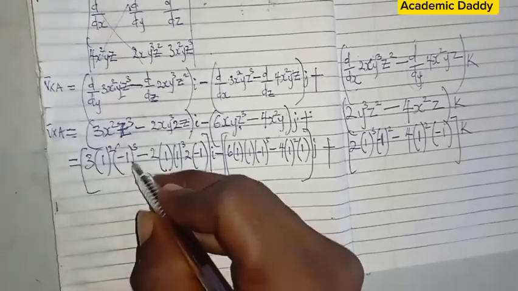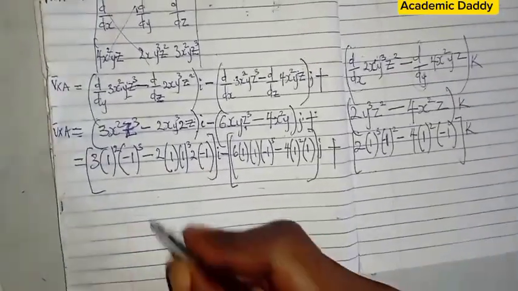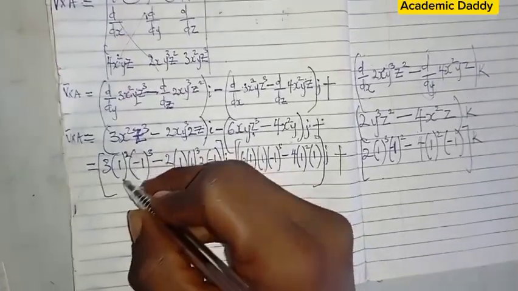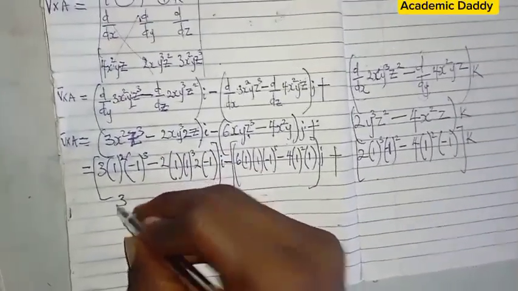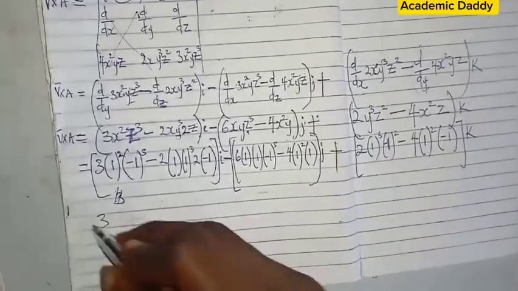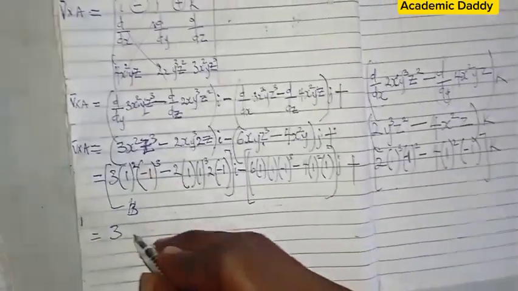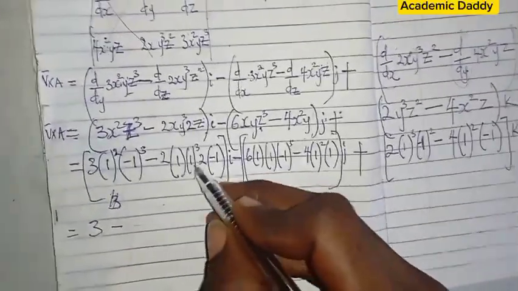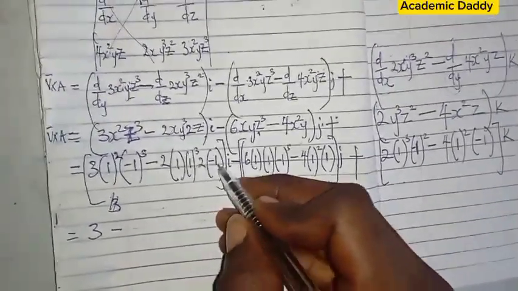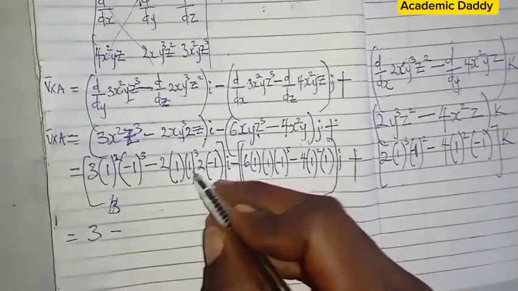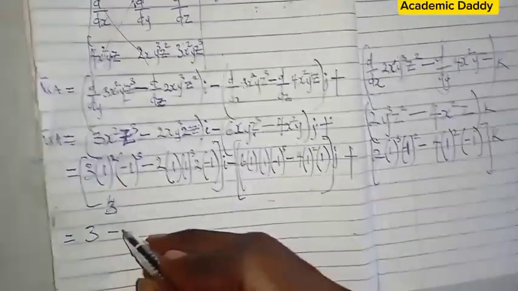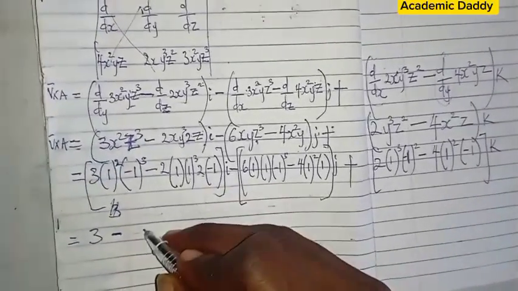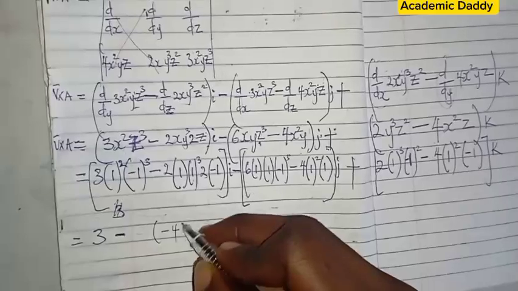So this is going to be anything raised to power 1, minus 1, minus 1, 3, 3, 3, 3 minus 1, minus 2 times 2. Notice that this is minus. So minus 2 times 2 is going to be minus 4.